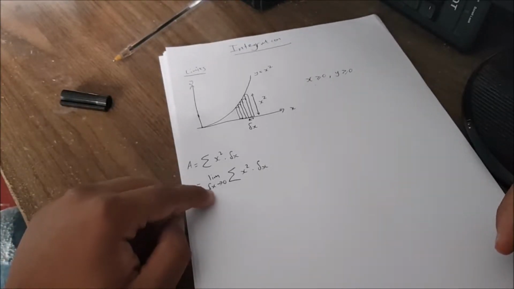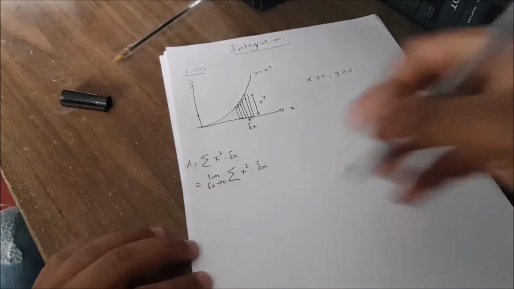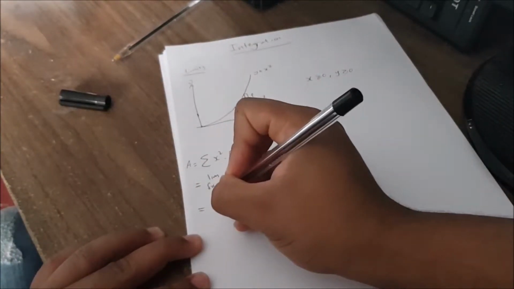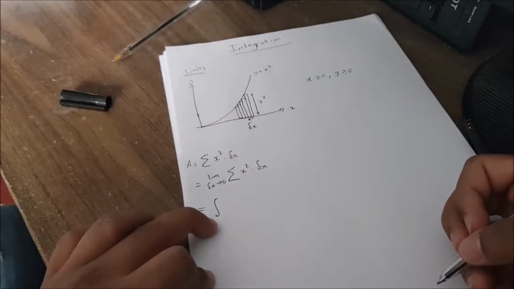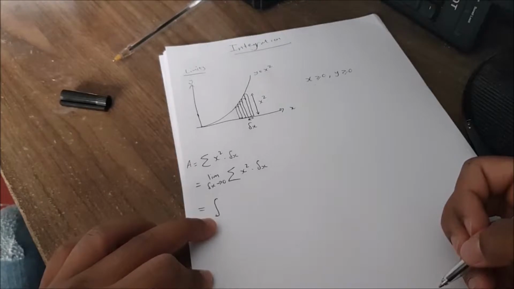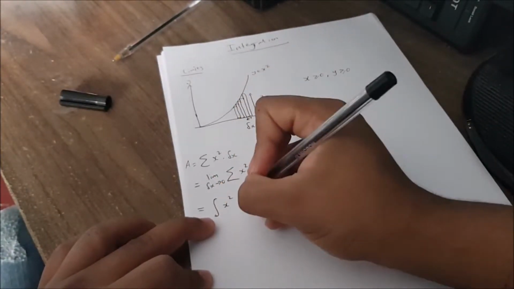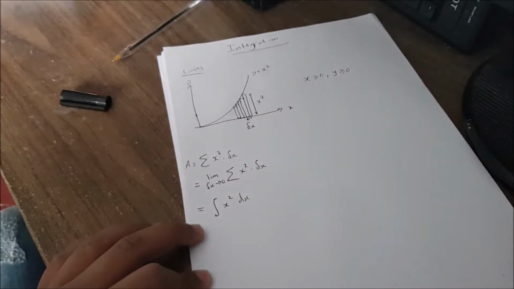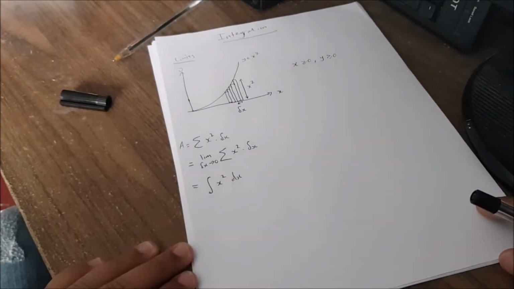So, as the width tends to 0, this will turn into the integral, which in linguistics, I think it's called a schwa, I'm pretty sure, of x squared with respect to dx. And that's it. And that's literally it.